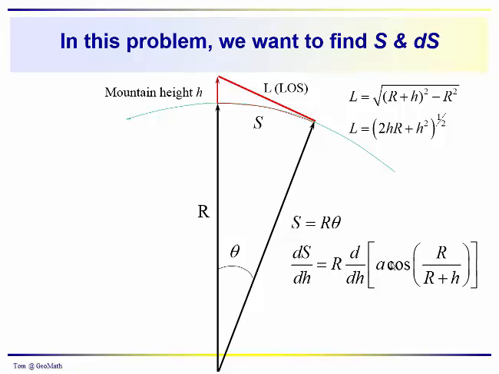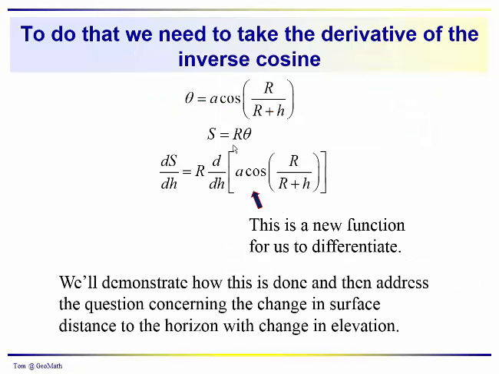So we have to differentiate the inverse cosine of r over r plus h. In other words, what is d theta/dh, and specifically how does the arc length dS/dh vary with h.